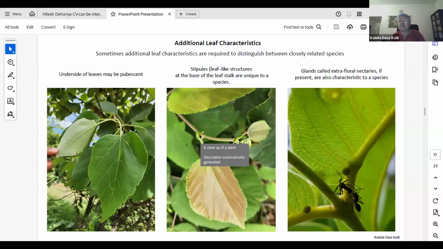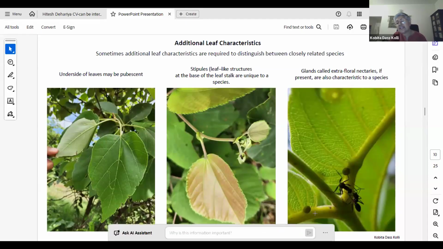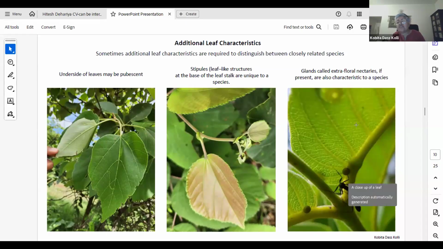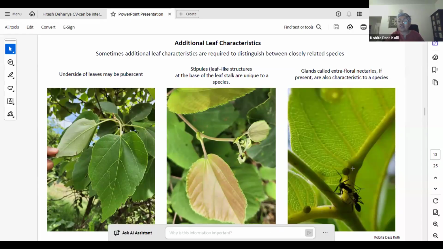Then look closely under leaves. Sometimes you can see, here in the third picture, there are ants close to a little dark green nodule-like thing. These are extrafloral nectaries. Many a leaf may have this, or they may have little glands at the back of the leaf stalk. These are characteristics which help in distinguishing very close species of trees. For example, these leaves belong to a species which is Terminalia tomentosa, asan, we call it.